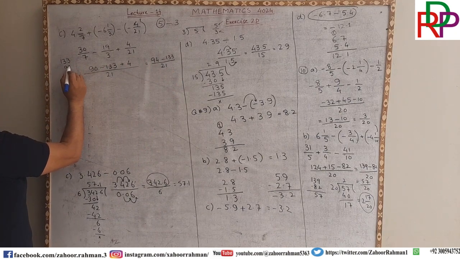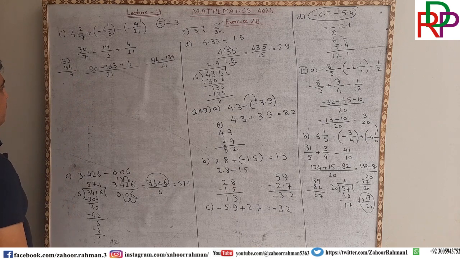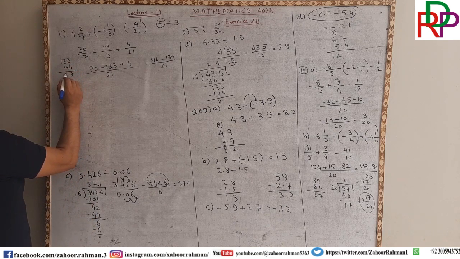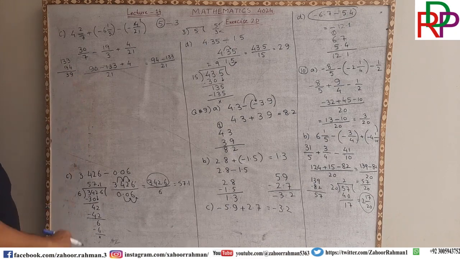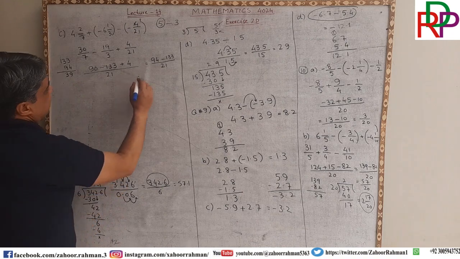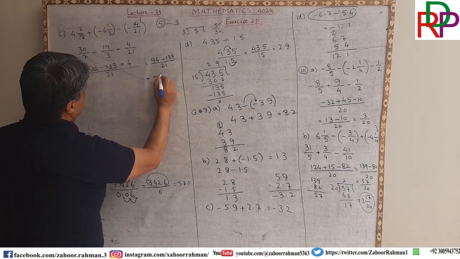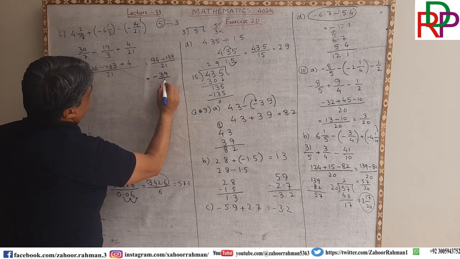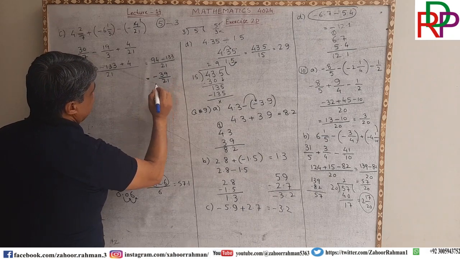Ladies and gentlemen, because there are two different symbols, so we have to subtract the smaller number from the larger one, and that will be equal to 9. And when you are subtracting this, it will be minus 39 divided by 21.